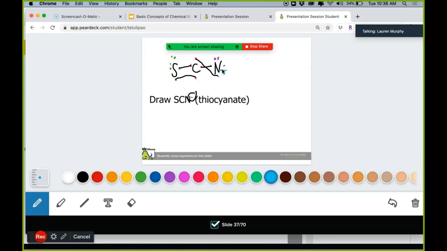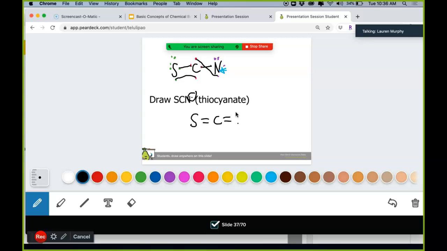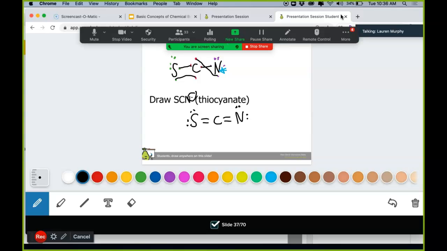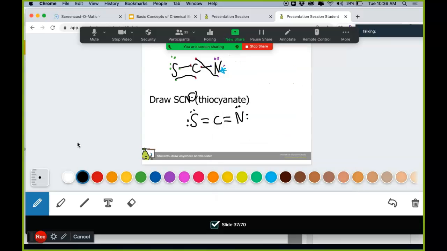This is the extra electron I get to add. This is one way to do it. So I'm going to redraw S, C, N.